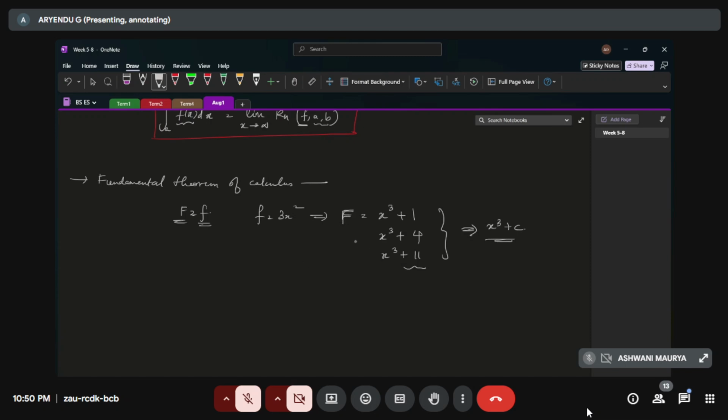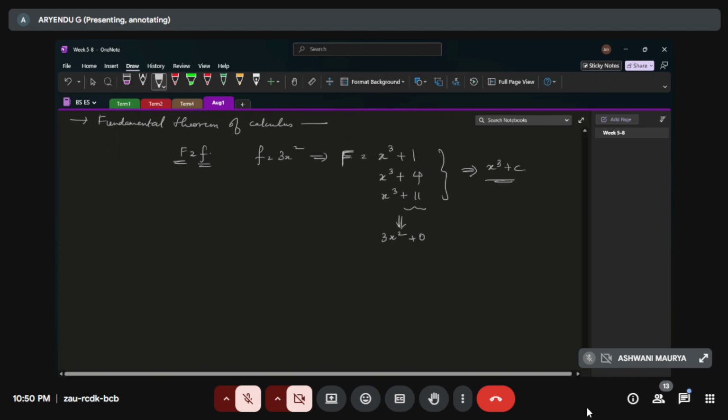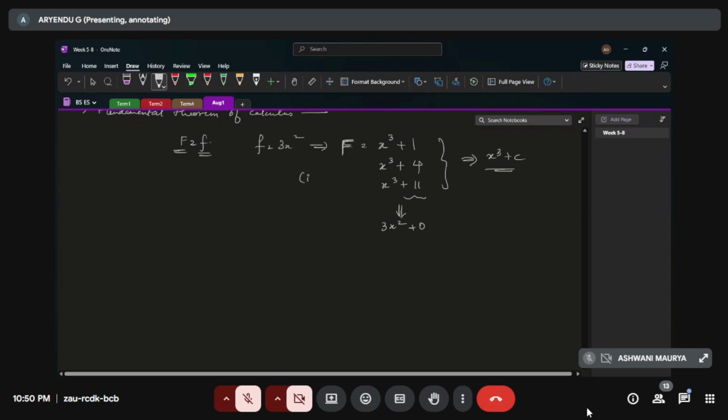If you take the derivative of this function, for any of these we will get the value 3x square, and whatever the constant on this side will go to 0. So this is what the fundamental theorem of calculus says. This value F will not be unique depending on the functions, and hence it is called the indefinite integral.